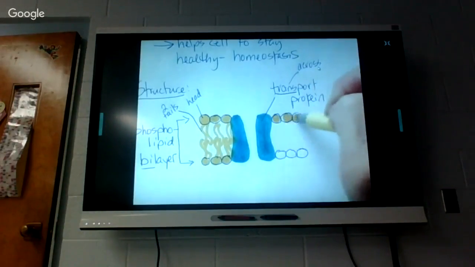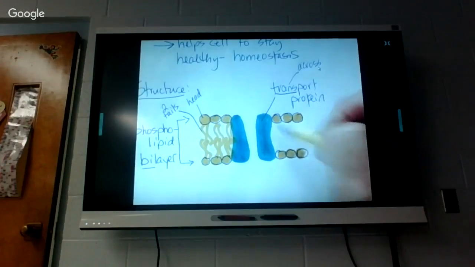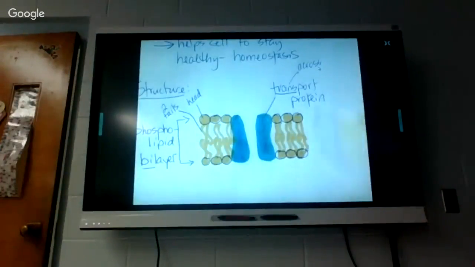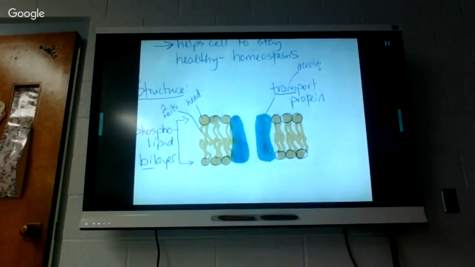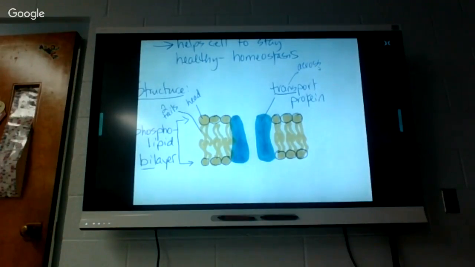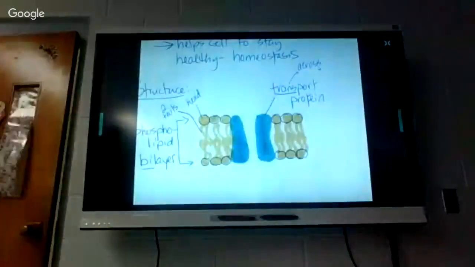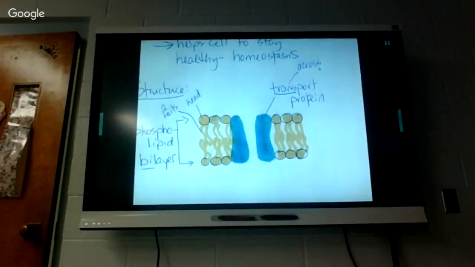All right, so what are these that I'm drawing right now? What part of the cell membrane? Phospho what? Lipids, right. So you've got the flexible phospholipids. And so what happens is they're movable. I've got these that I cut out, and they're constantly moving.